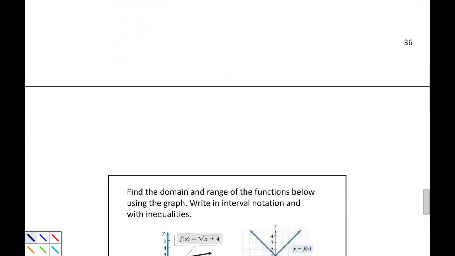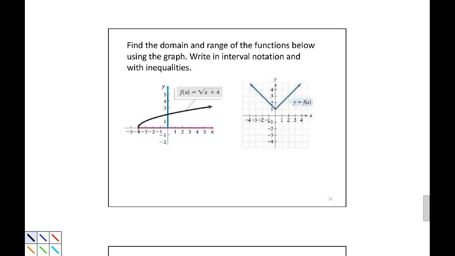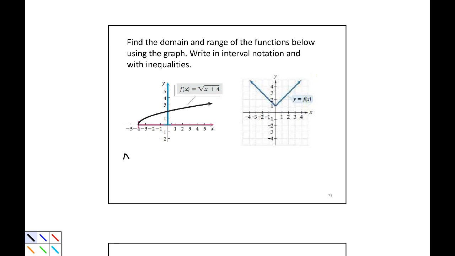Let's look at another example. Find the domain and range of the functions using the graph. Write in interval notation and with inequalities. Well, this function, the domain begins at minus 4, that's the furthest to the left, and it is attained, it's included there, but it does not cease going to the right.